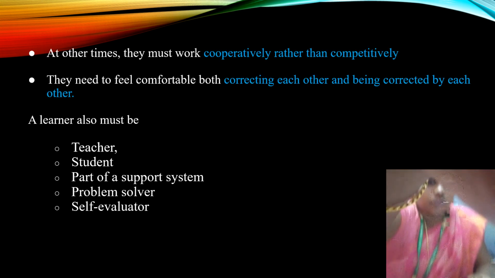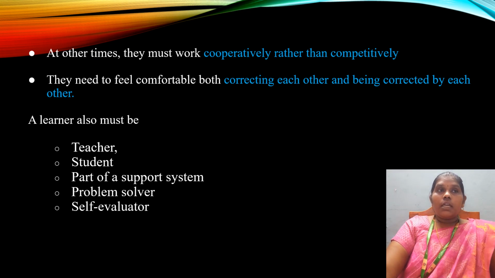And the next important thing is they need to feel comfortable in doing two things. One is correcting each other. My friend is making a mistake, I have to correct my friend's mistake. Second one, being corrected by each other. I am making the mistake and I feel okay and glad that my friend is correcting me. So I have to feel comfortable in both correcting each other and being corrected by each other.